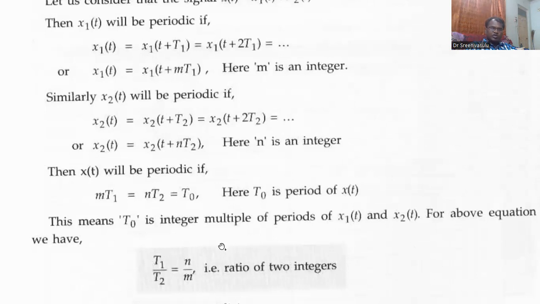If this ratio is a rational number, meaning numerator and denominator are both integers, then the signal is periodic. If the ratio is irrational, then it is a non-periodic signal.